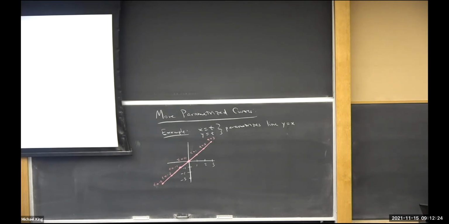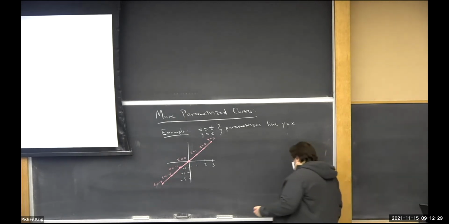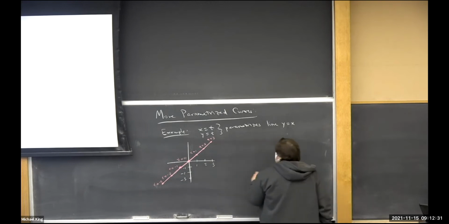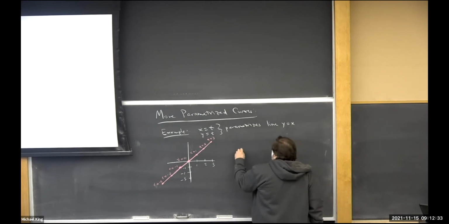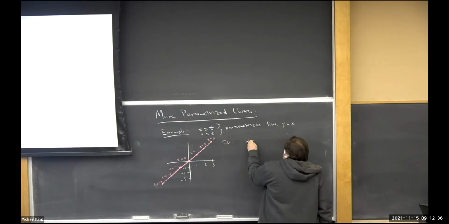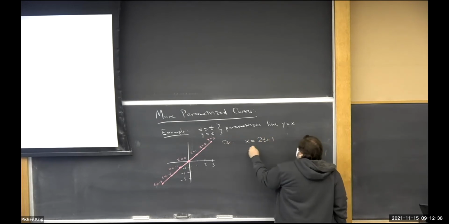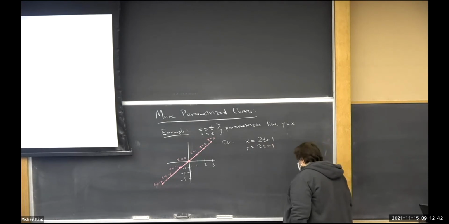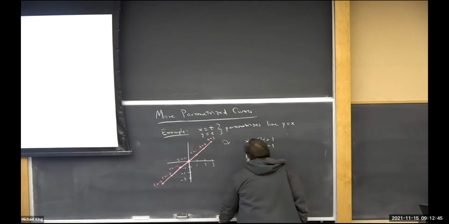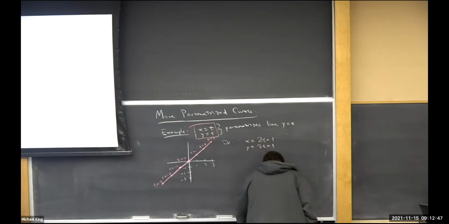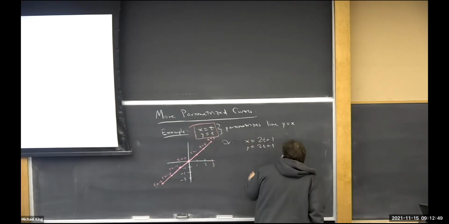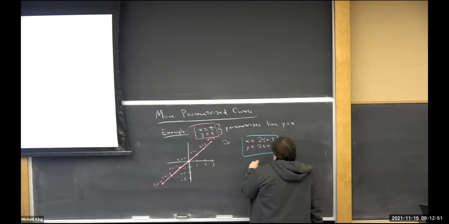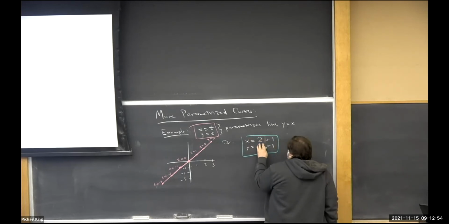But if you try a different parameterization, you can parameterize the same curve in different ways. In this example, I have 2t plus 1, 2t plus 1, right? Maybe I'll do this in blue. You can also change the letter of the parameter, so maybe I should call this s instead of t.